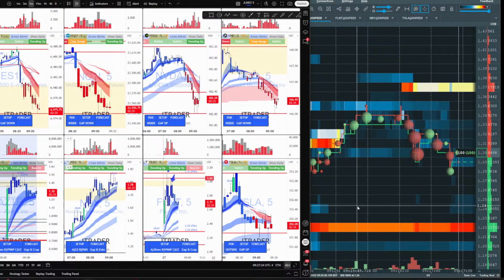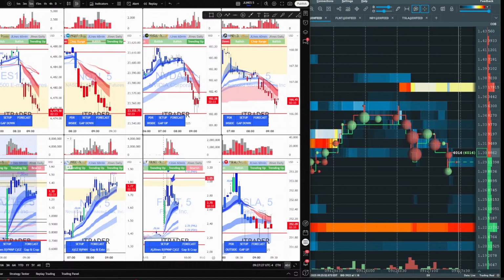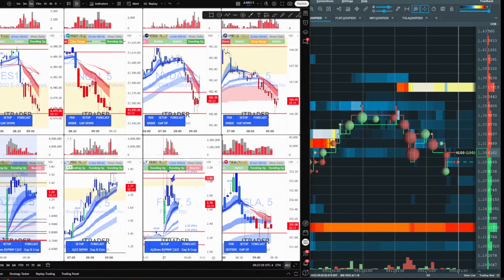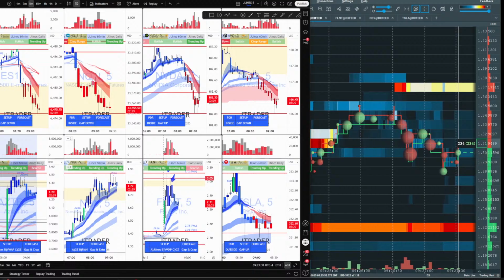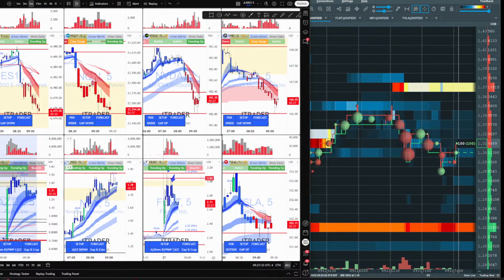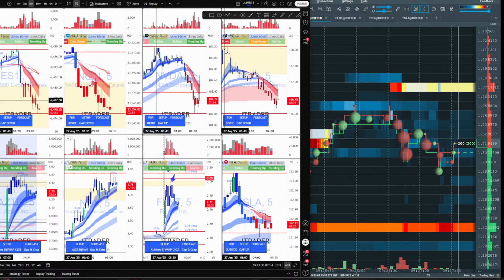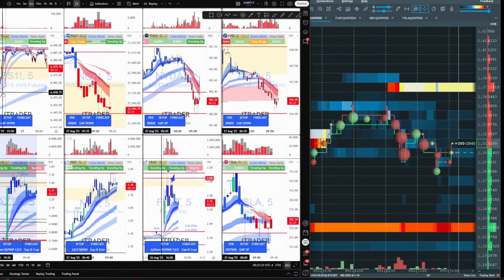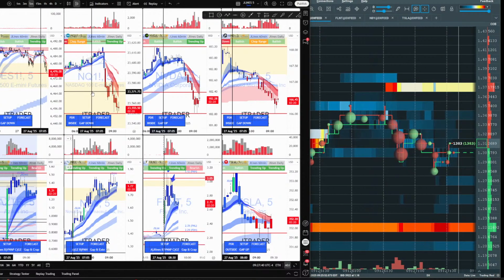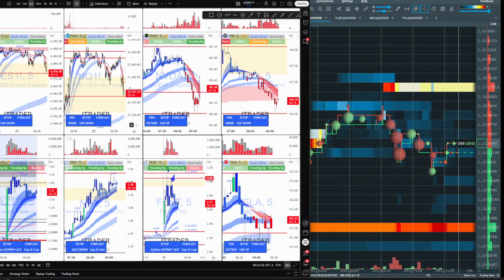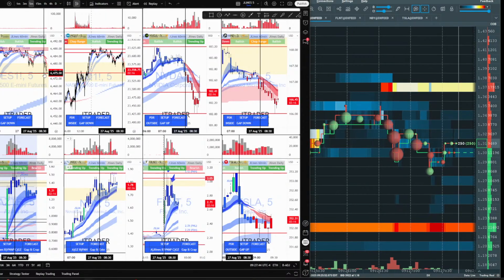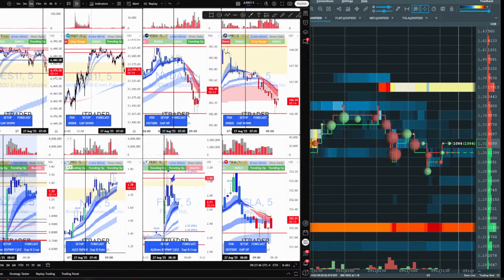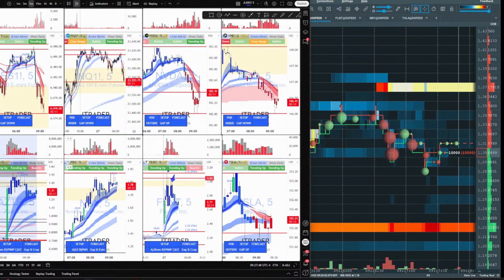Two minutes and 30 seconds to go. All right, we'll be watching ESNQ, as I said in the pre-market plan. If we have this breakdown and right away reclaim it with a higher low, I'm longing it.